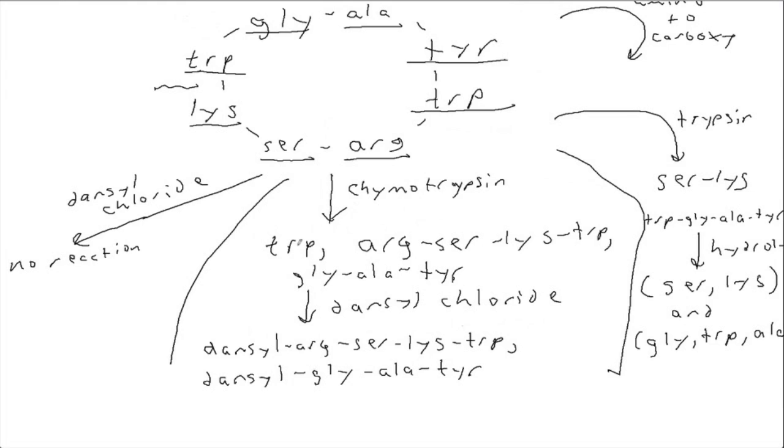And what happens when the Dansyl chloride reacts with this? It'll be Dansyl tryptophan. Will it attach to its amino side or its carboxy side? To the amino side. Because that's what Dansyl chloride does. It attaches to the amino.